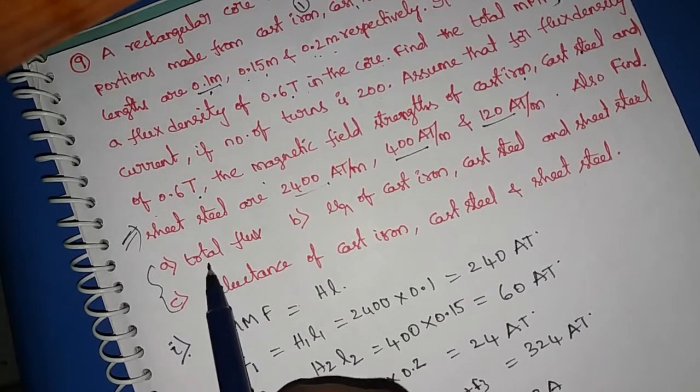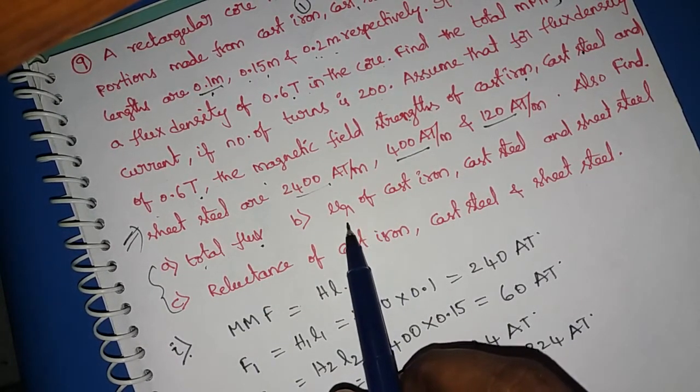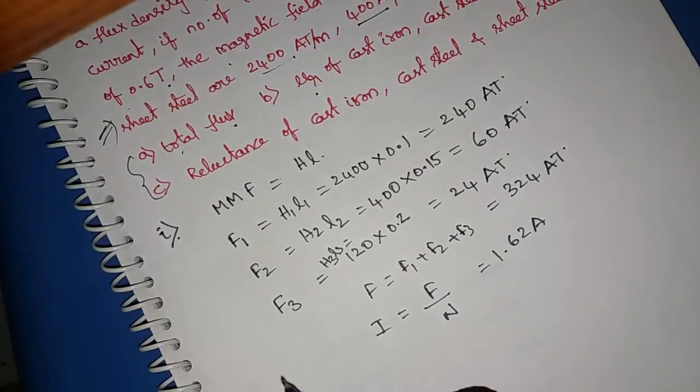Next, what is the total flux, what is the value of mu r of all materials, and what is the reluctance of all? First let us find the flux.